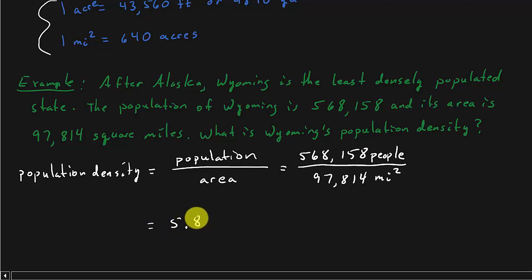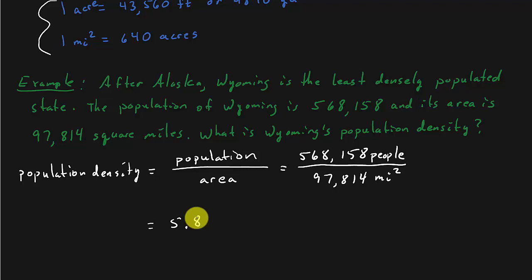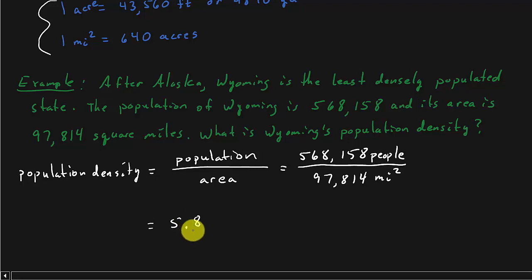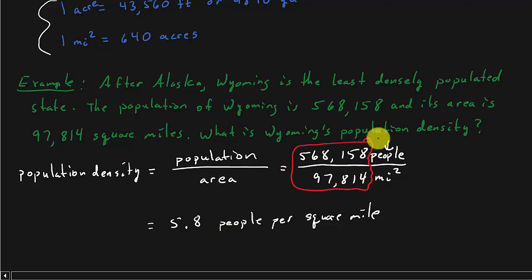Now, there is something that we have to add on to this 5.8. So what is this? This is 5.8 people per square mile. You see this right here reduces down to 5.8.